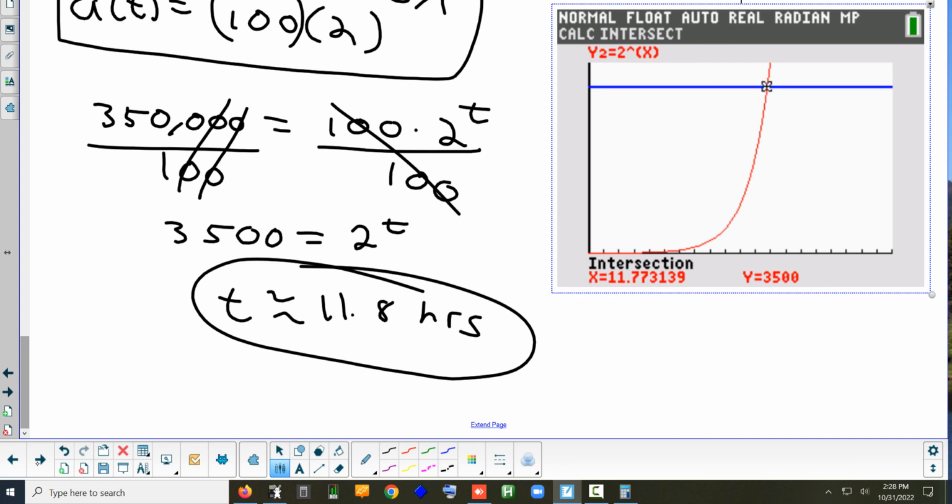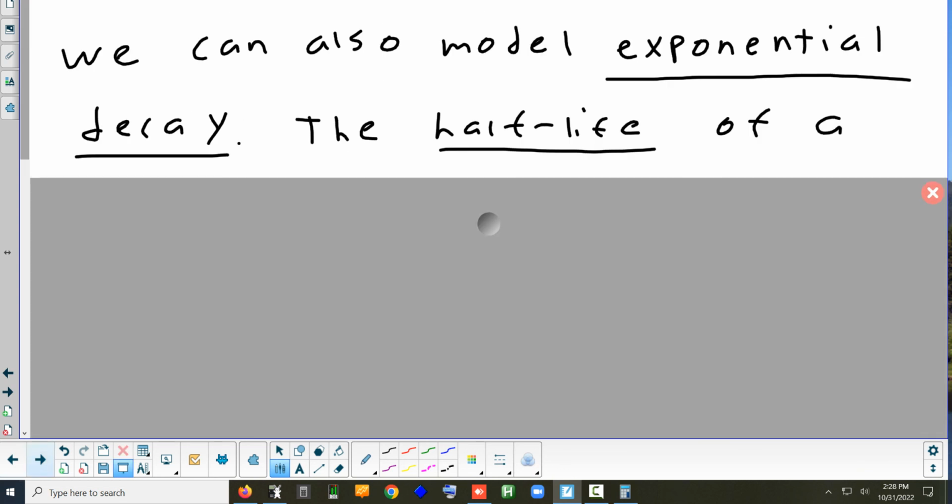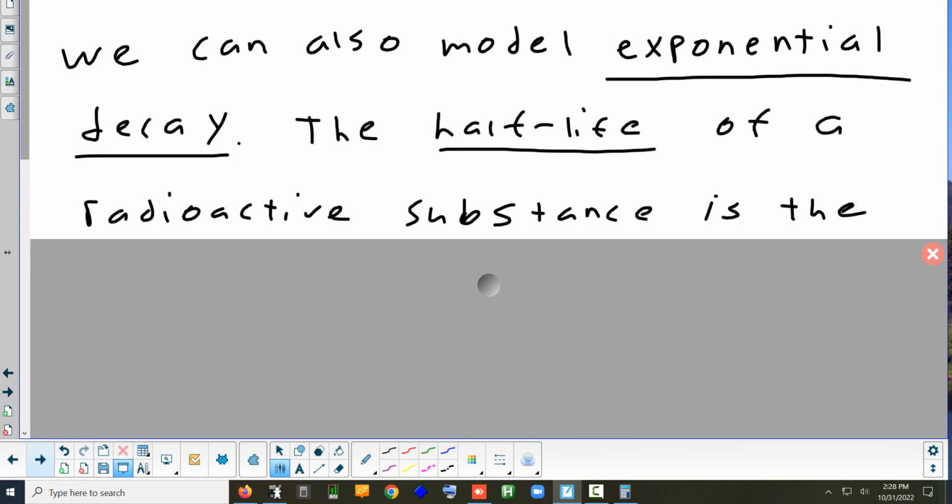Something cutting itself in half each time has a name, and that's called half-life. A lot of times you might hear about half-life if you look up something radioactive. I think we looked it up last week. If you look up uranium, the most common form of it that's radioactive has a half-life of over 4 billion years. So what that means is if they're at a nuclear power plant and they make 2,000 pounds of nuclear waste, it's going to take over 4 billion years for half of that waste to decay into something that's safe.